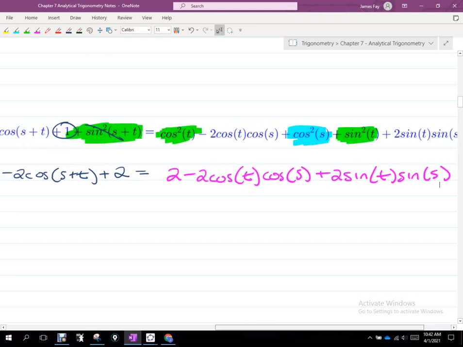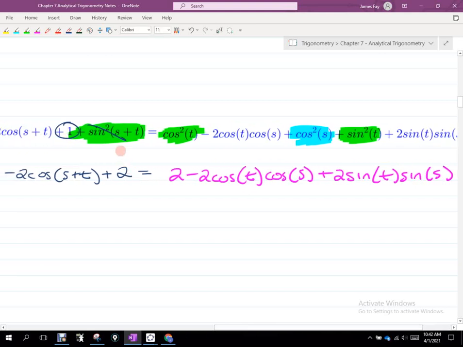Okay. Look at that equation. What's going to happen with this 2 here and that 2 there? They cancel out. What can I divide everything by? Negative 2. Divide by negative 2. Those go away. Divide by negative 2 here, and this turns into a minus, right? Is that our formula?